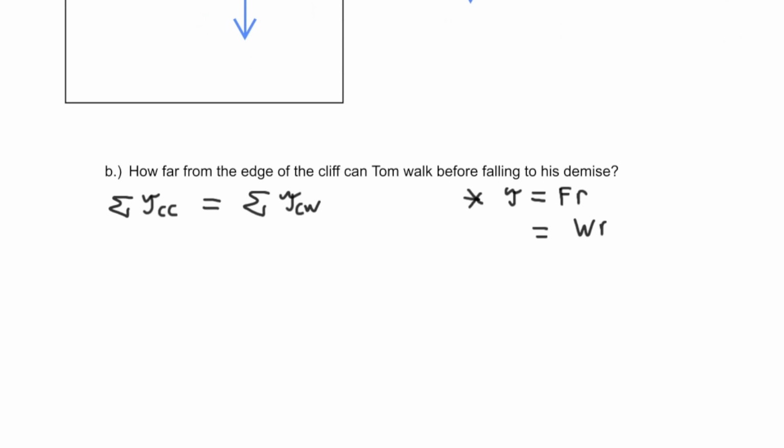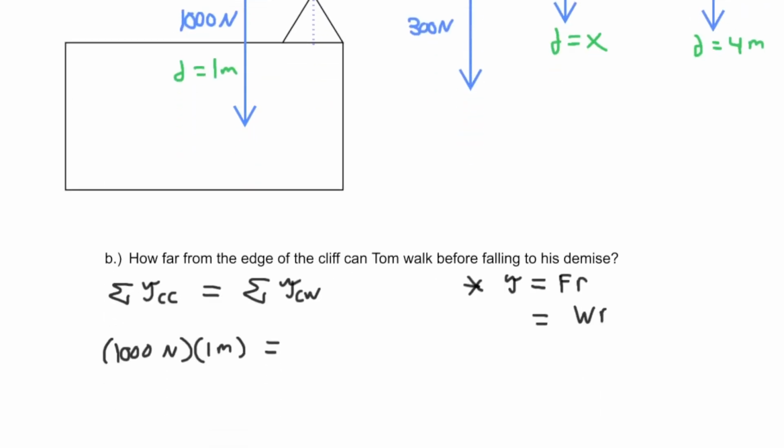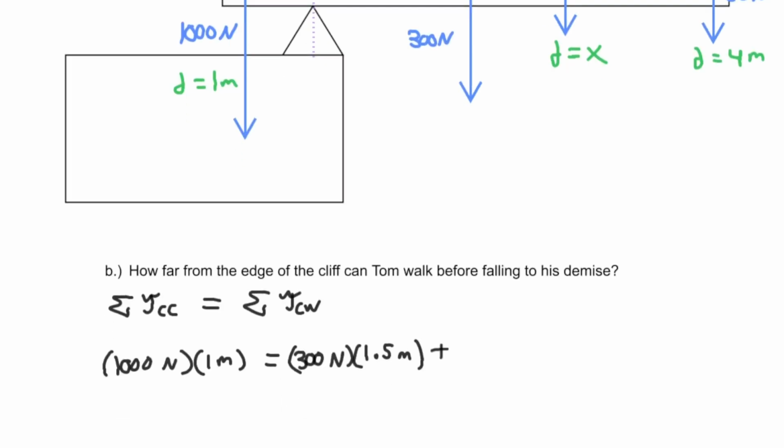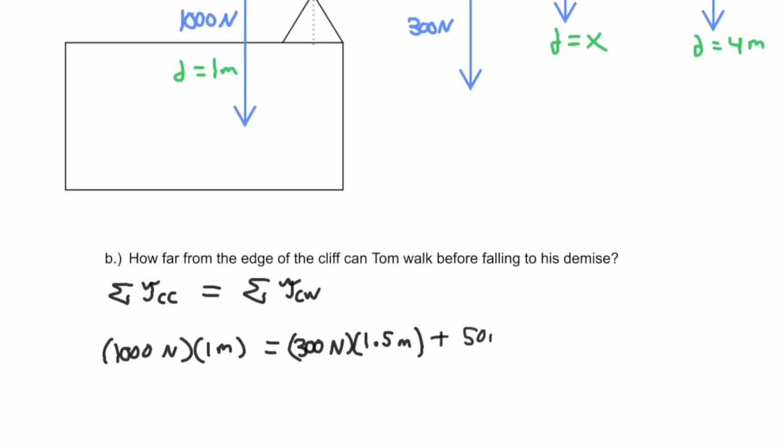So counterclockwise, we have a 1,000 Newton weight acting 1 meter away from the pivot. Then clockwise, we have a 300 Newton beam whose weight force is acting 1.5 meters away from the pivot. Then we have a 50 Newton weight force acting 4 meters away from the pivot.